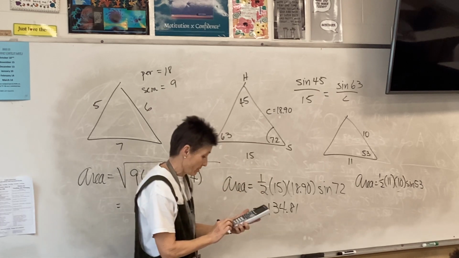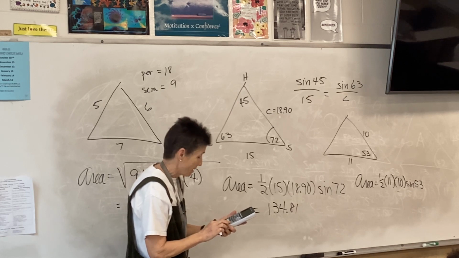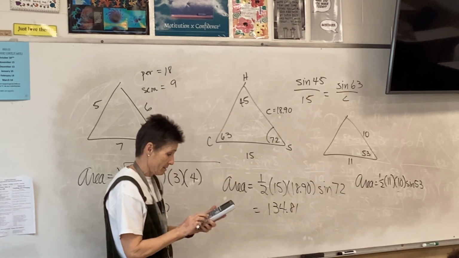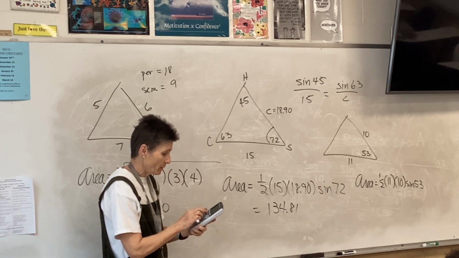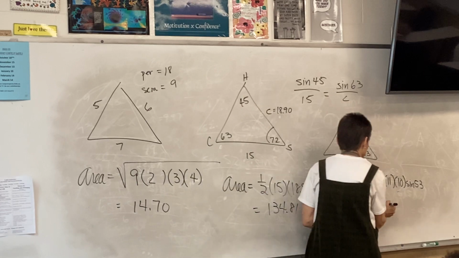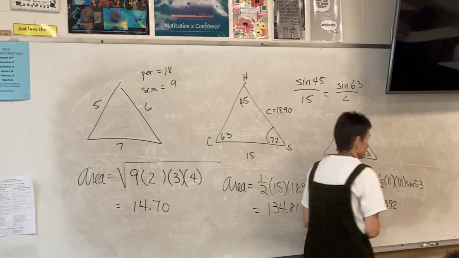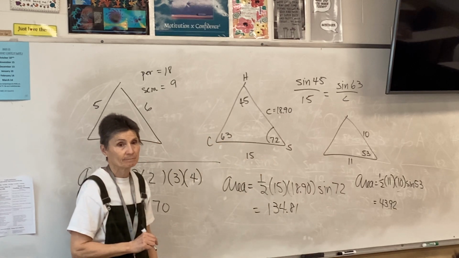All right, so here we go. 1/2 times 11. 43.92. That page better be an A+ for everybody. That page of the test.